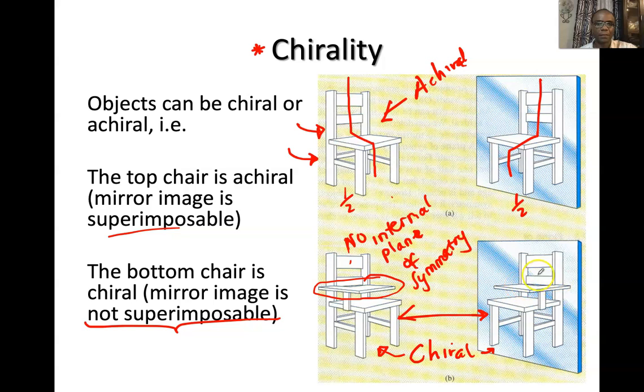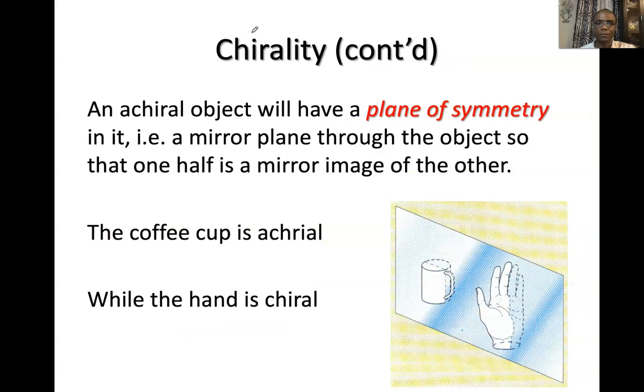So this chair and the mirror image are not superposable, they are chiral. This one and the mirror image are superposable because you have an internal plane of symmetry. And basically that's what chirality simply means, but we'll make it complex soon.